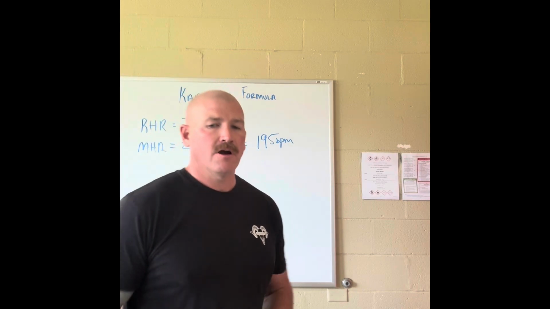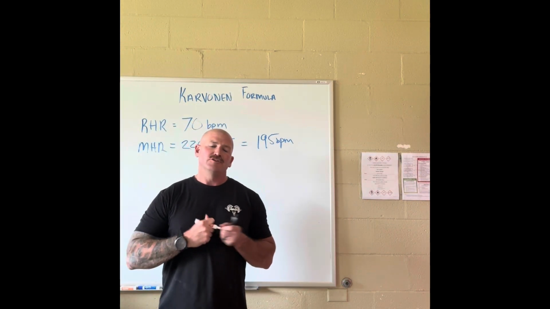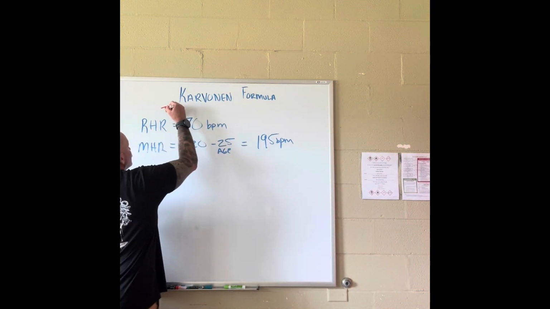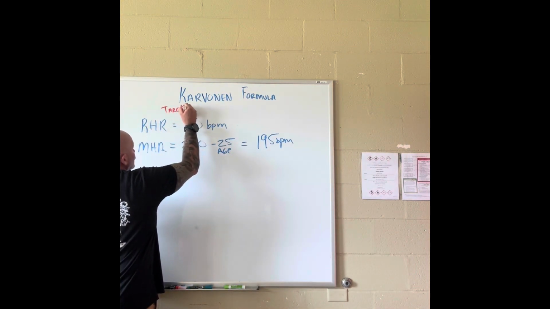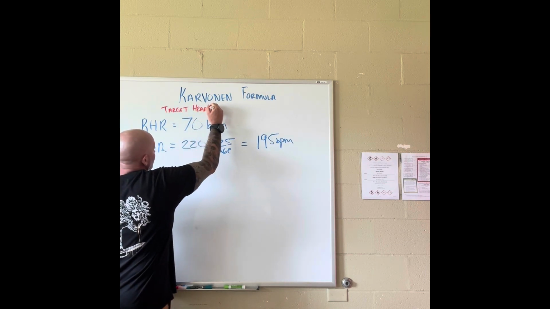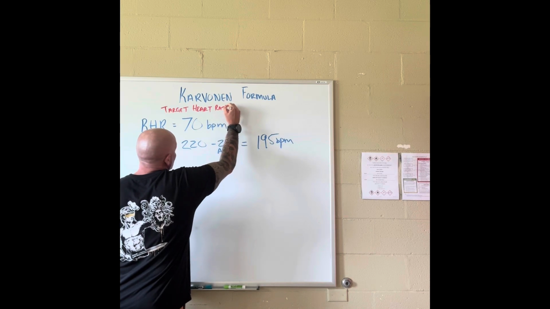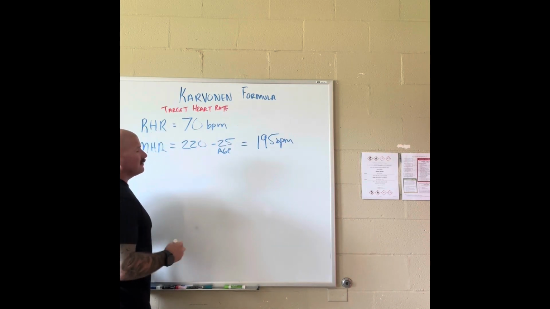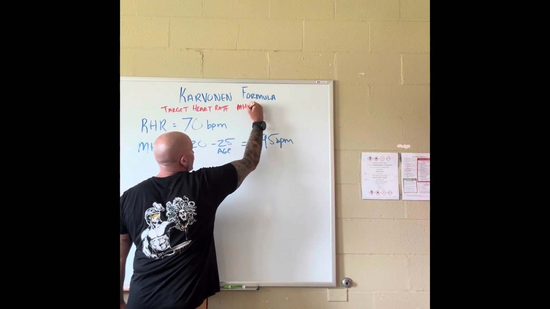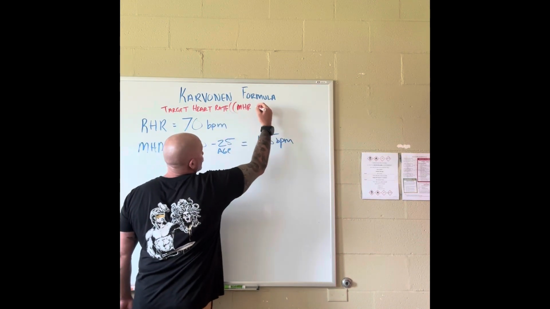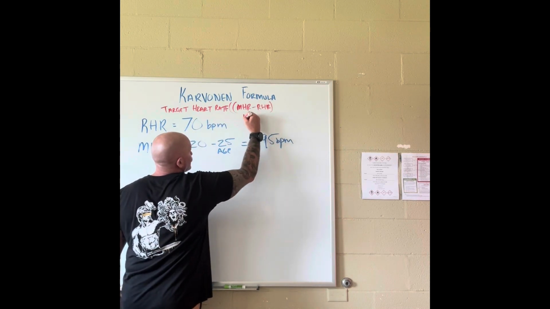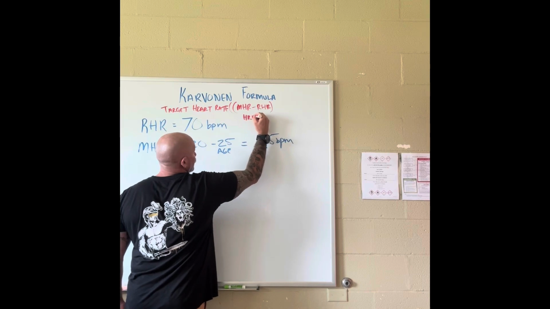Next, the Karvonen formula is utilizing the target heart rate. And the formula for that is going to be your maximum heart rate minus your resting heart rate, also known as your heart rate reserve.